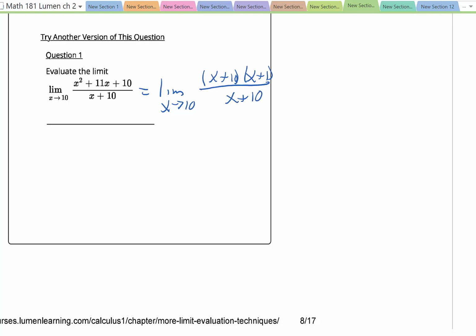So that means the x plus 10's divide out. And we have the limit as x approaches 10 of x plus 1, which would become 10 plus 1, which is 11. Fun stuff so far, right? Okay, let's go on.